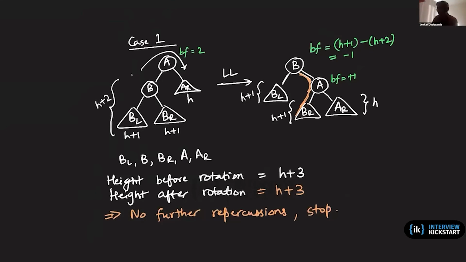And if the height of the root itself decreases, then there won't be any further repercussions after that. What I'm saying is right? Now at this stage the height is h plus 2. We have to go all the way up until the height reaches h plus 1. That's the question.